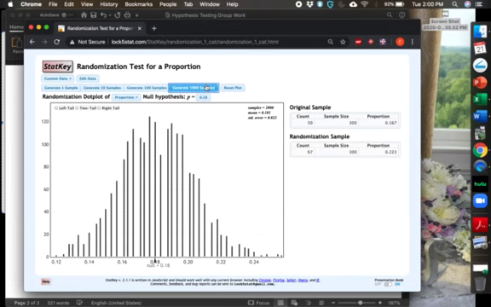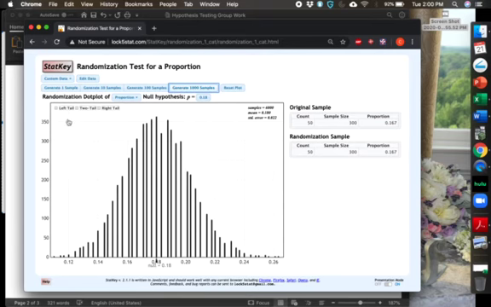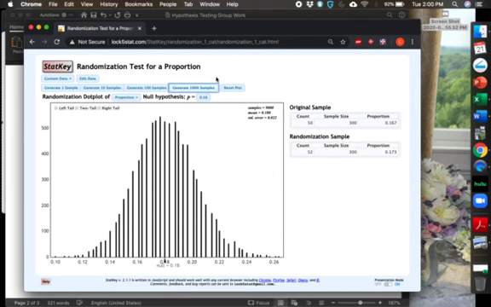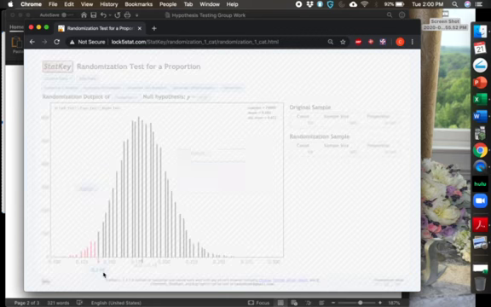Let's generate our samples, 10,000. Left-tailed, we need to make sure that our cutoff matches our sample proportion. Our sample proportion was 167 thousandths, so let's make sure that matches up.